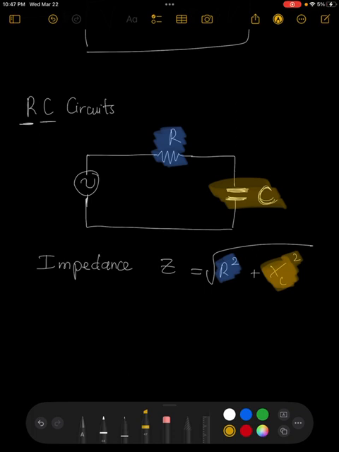That's the formula you should note down. Impedance has the unit of ohms as well.